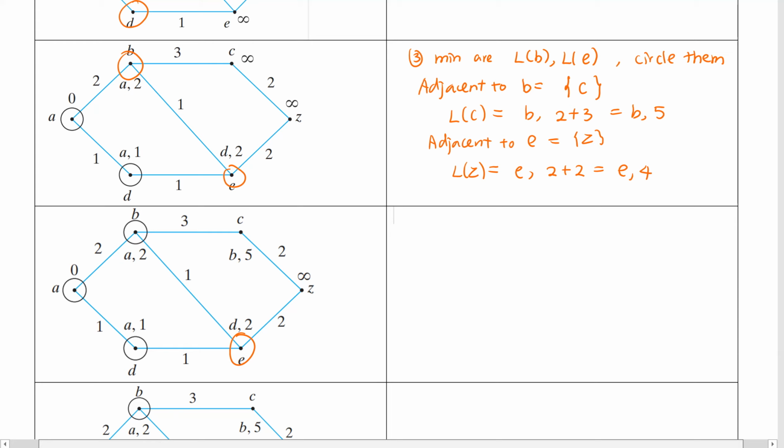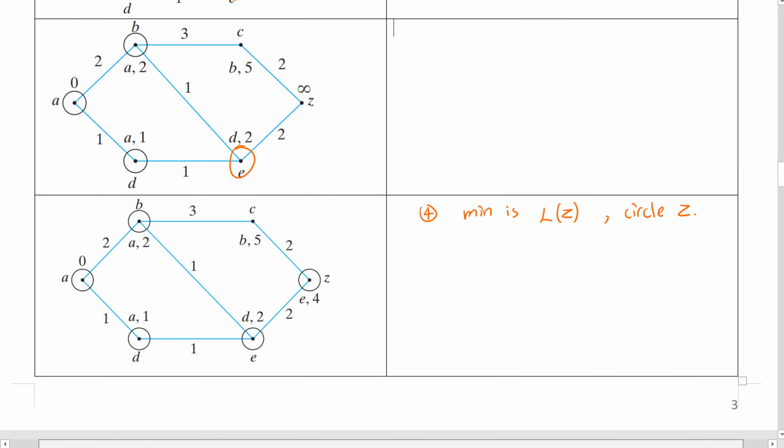So the minimum is LZ. Then we can circle the Z. Once we circle the Z, we're done because this is the terminal vertex. Okay, and so we have LZ is E4.